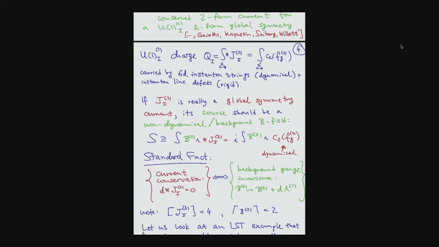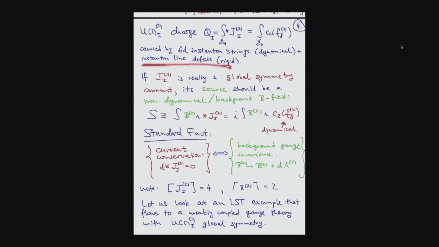So if you want to count the number of strings, you can integrate that instanton density across the 4-dimensional space transverse to the string, and you'll find the total number of strings. Just like you integrate the magnetic field in lower dimensions in order to count Abrikosov strings in an abelian model. And there are also charged line defects that are operators creating such strings. So this is how continuous 1-form symmetries work in any dimension.